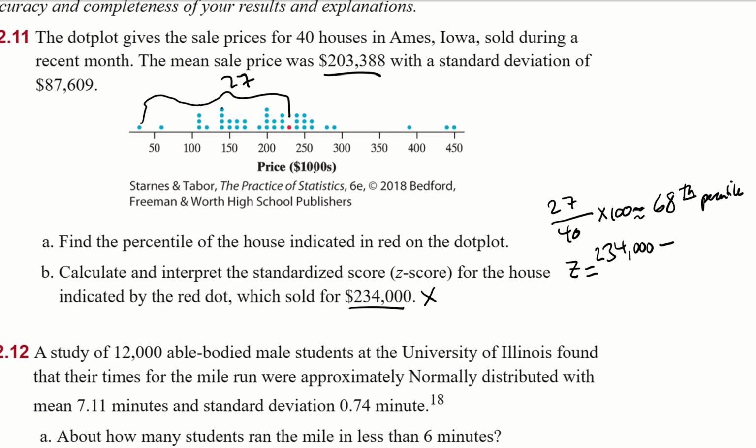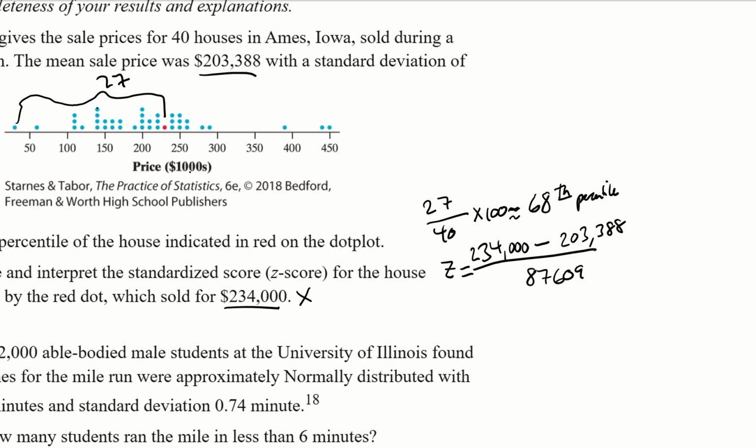Now they said that the mean sale price was $203,388, with a standard deviation of 87,609. All right. So here we go, we do that. We get about 0.35.